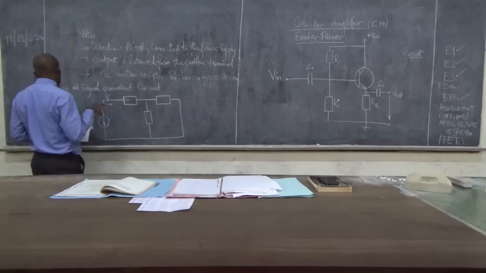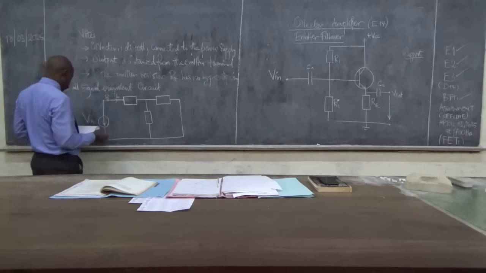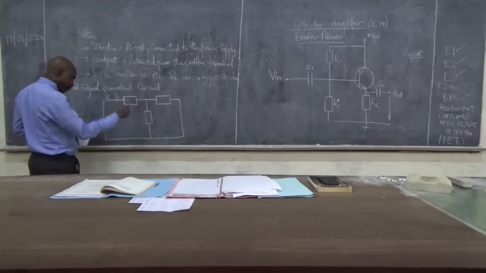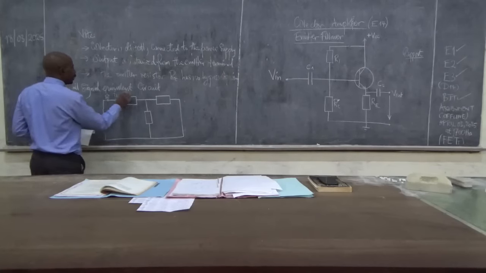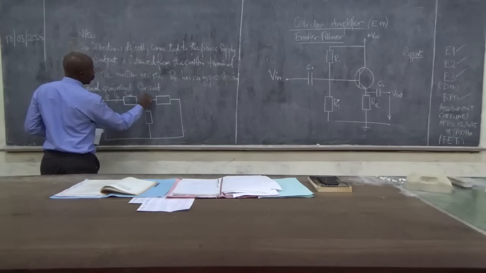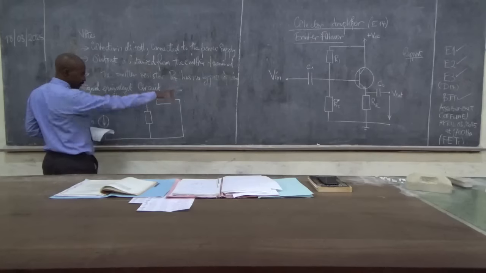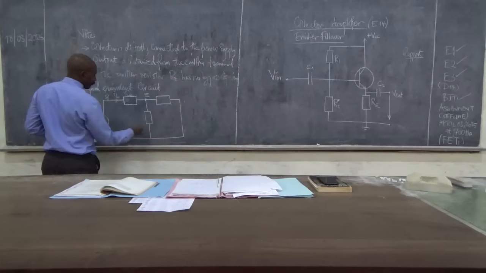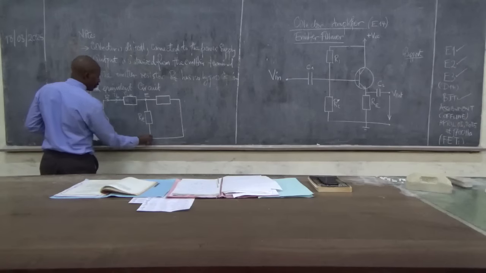After the base, we have the current ID. And then the resistance will be R, VE, then we have the emitter, then the RE, then we have the collector, then we have the ground.